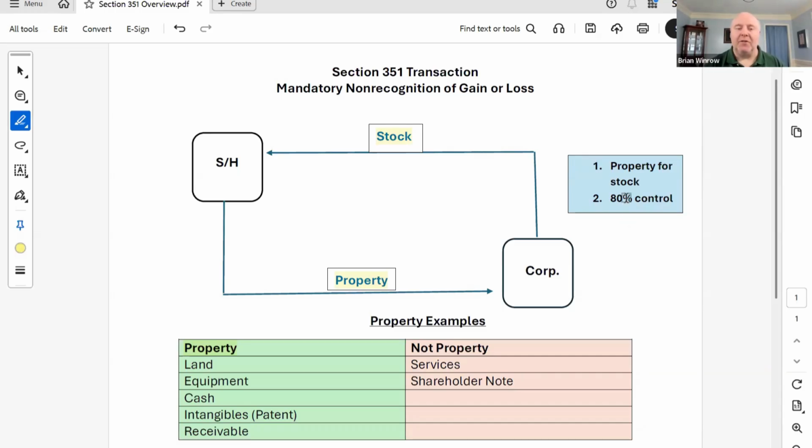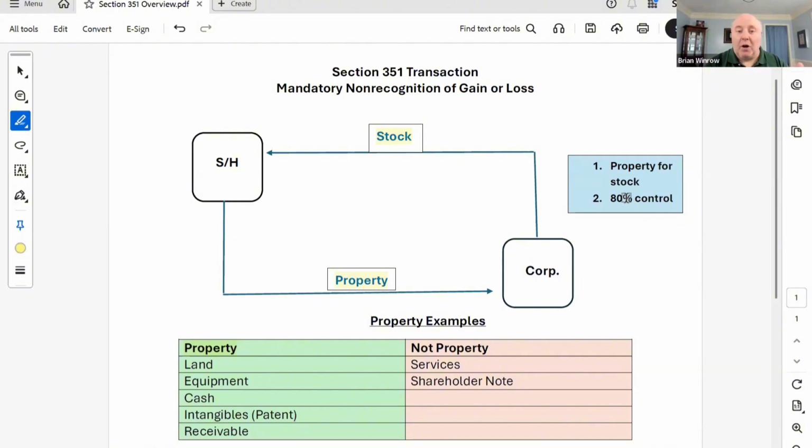When we talk about 80% control, we're really referring to two different things here. The first one is, do they have 80% of the voting power for the corporation? And then the second one is, do they have 80% of the total shares outstanding? Okay, so those are going to be the two requirements for 80% control.